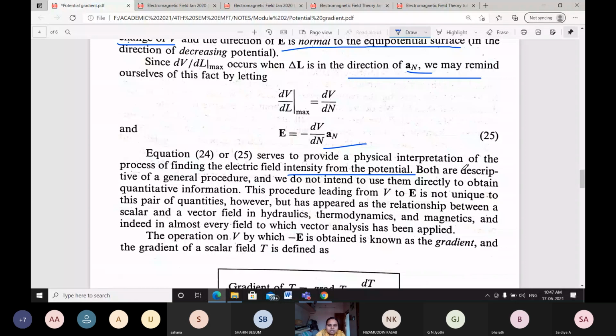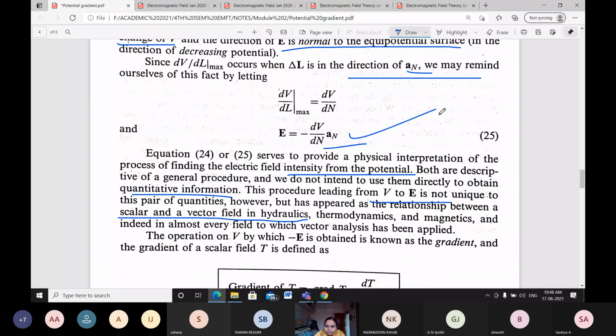Both are a general procedure, and we do not intend to use them directly to obtain quantitative information. It's not required to learn these. This procedure leads from V to E. It's not that useful for us when we go further. It's not unique to this pair of quantities, however, but has appeared as the relationship between a scalar and a vector field in hydraulics.